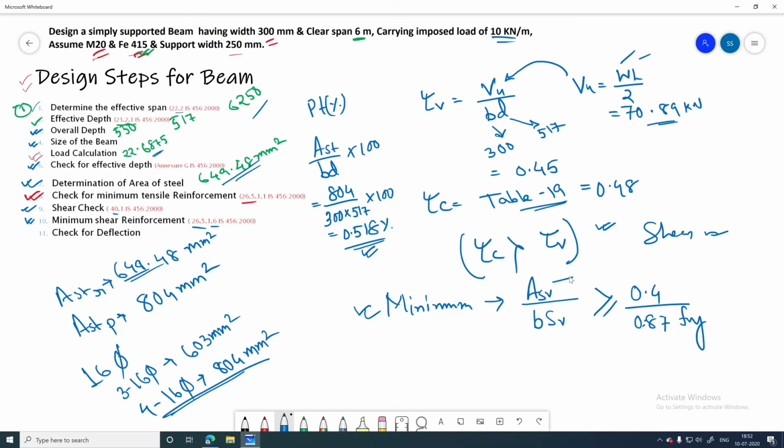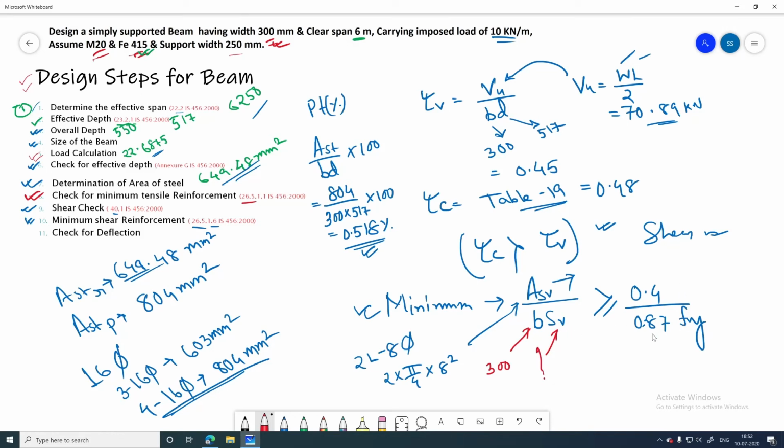So this is the cross-sectional area of the stirrup. I am providing here a 2-leg stirrup of 8 mm diameter. So what will be the value of Asv? That is 2 into pi by 4 into 8². That is the value of Asv. Now what is the value of b? That is 300, already given in the question. sv is the spacing, which I need to determine.